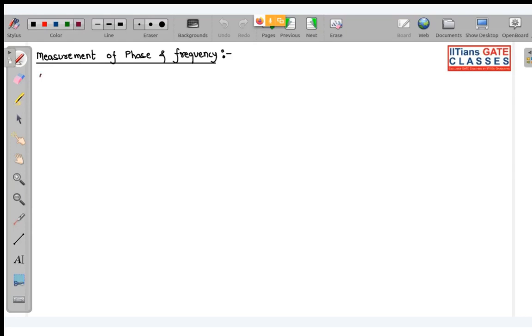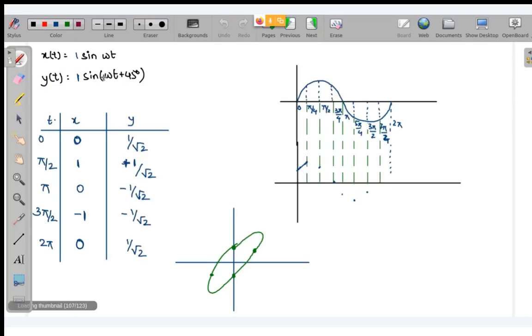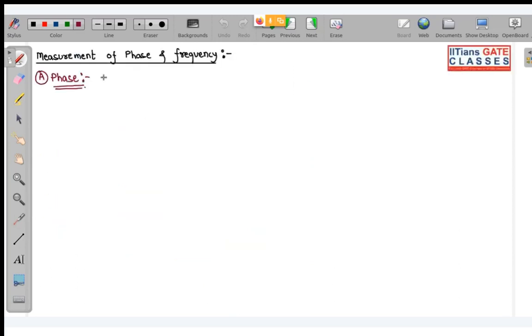In this, the first part is measurement of phase. Tell me, is everything clear up to this point? Yes, sir. Okay, so now let us see how we measure phase.